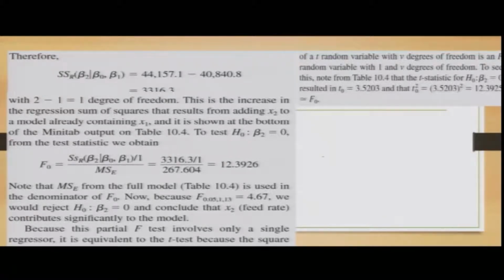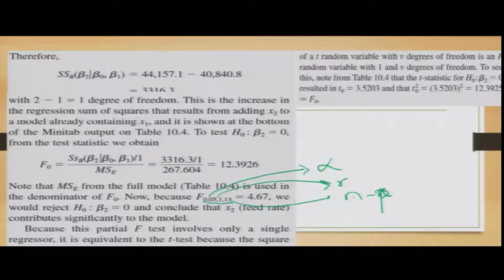Note that the mean square error, given in the denominator as 267.604, is used. The F value, based on which you will pass a judgment whether F naught is greater or smaller, is 4.67. Now, if you note down these values, this is alpha, this is the degrees of freedom, which is r, and this is n minus p.